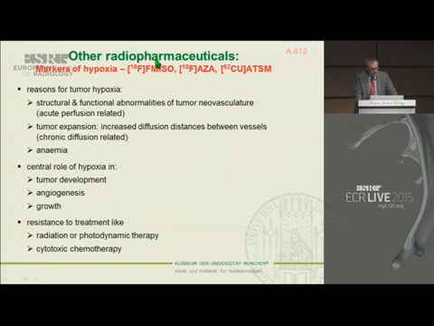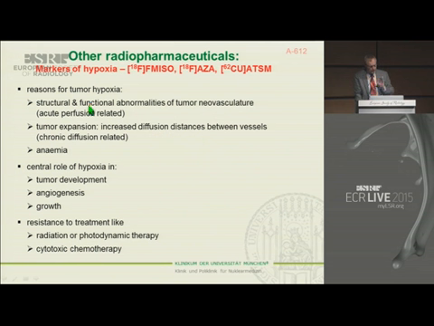There are several markers of hypoxia. This is an interesting situation in the workup of brain tumors, since tumor hypoxia is related to structural and functional abnormality of tumor neovasculature. In the tumor expansion, you have increased diffusion distances between the vessels.